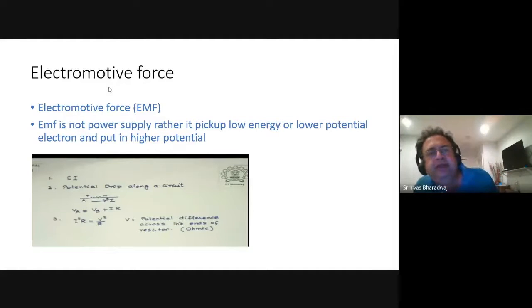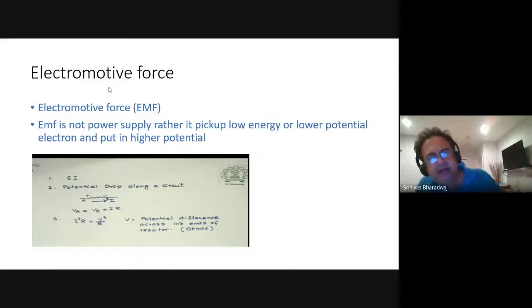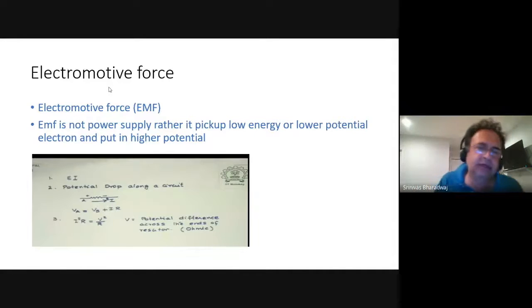Remember, VA minus VB is the potential drop, and when the potential drops, you can call the potential difference VAB. Therefore VAB equals IR, so VB equals VA minus IR. A is at a higher potential, B is at a lower potential, and the drop is equal to IR.